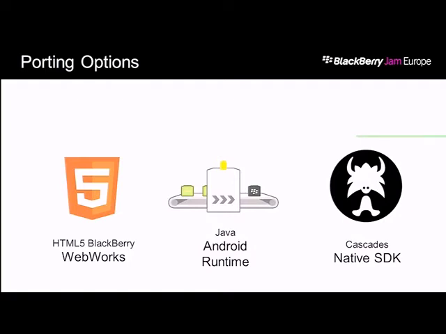The Android runtime, if you were in the previous session here, you would know already a lot about that. The Android runtime allows you to take an APK file and, with pretty much one click of a button, convert that into a bar file. And then, of course, Cascades, the native approach, being able to easily create that signature look and feel for an application that you're porting across to the BlackBerry 10 platform.